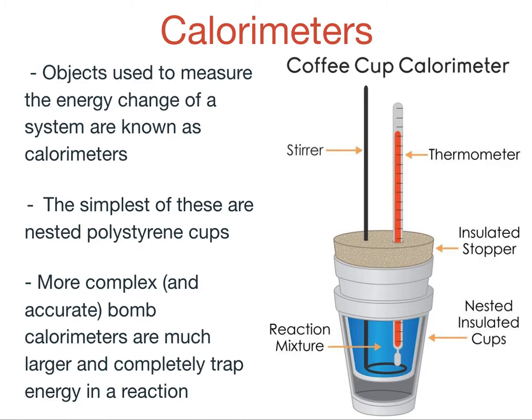The styrofoam and air, if you nest two coffee cups inside of each other, are actually great at insulating the environment from any temperature changes on the inside. So if we put a stopper on top, we stick a thermometer into it, we can just do calorimetry with nested polystyrene cups.